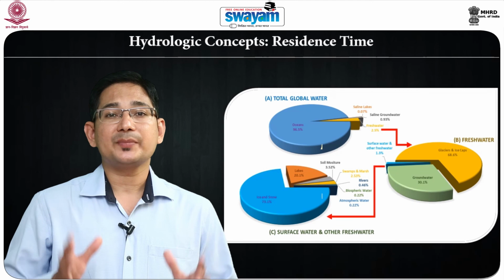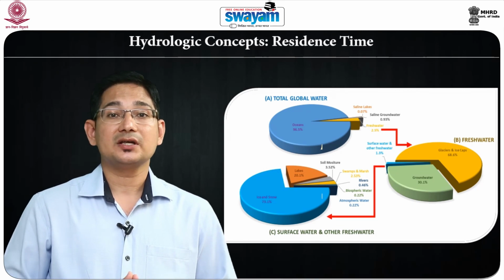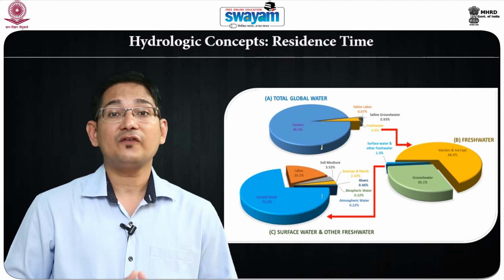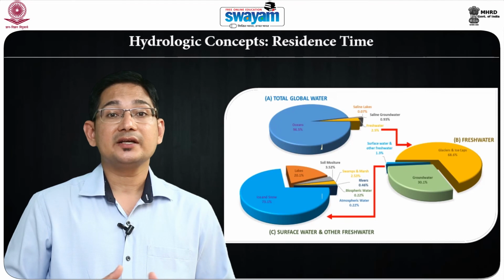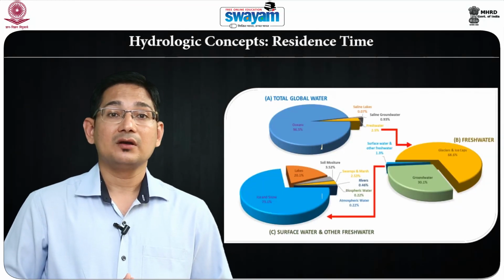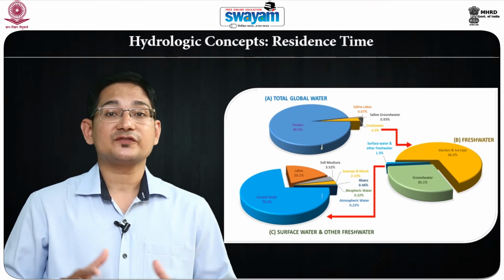Almost 69% of this fresh water is tied up in glaciers and ice caps. About 30% of fresh water forms the groundwater. Merely 0.27% of water is available in the form of surface water.